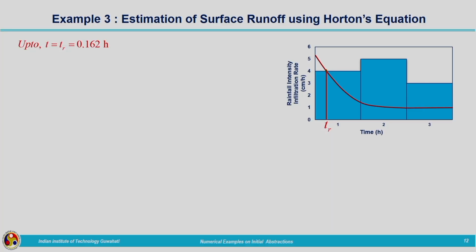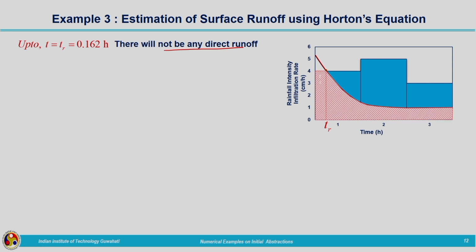When t is more than 0.162 hours, whatever rainfall is coming, from that we deduct the infiltration and we get the excess rainfall. So, up to t equal to TR, that is 0.162 hours, there will not be any direct runoff. That I am showing by means of hashed areas. So, up to t equal to TR, whatever rainfall is occurring has been lost as abstractions.